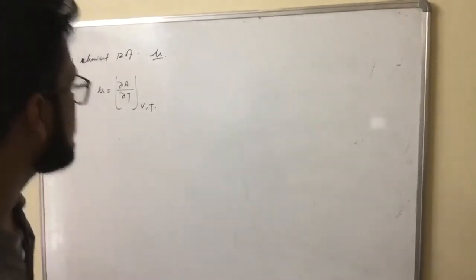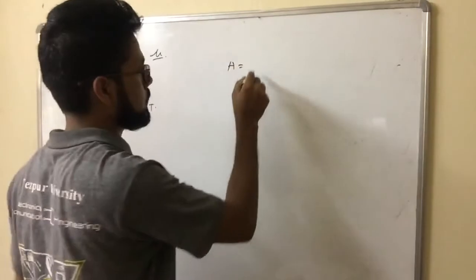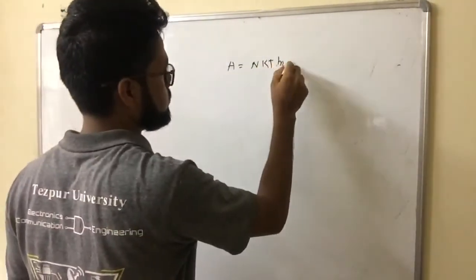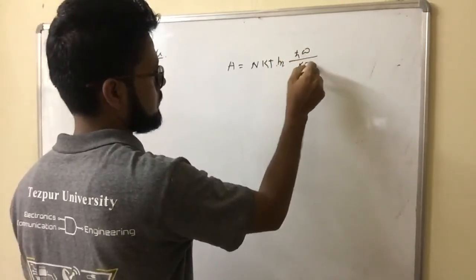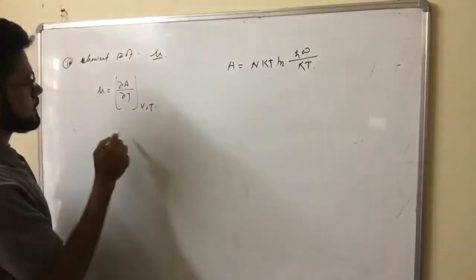Volume and temperature constant. What is the free energy? I have already given you free energy equal to nkT ln(h cos omega by kT). Is it okay? So only take the differentiation with respect to n.